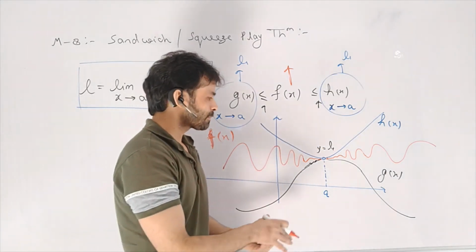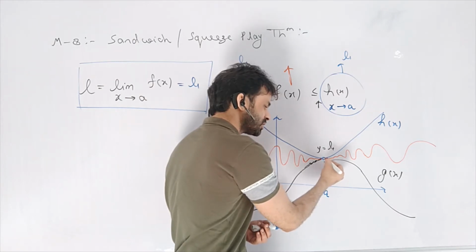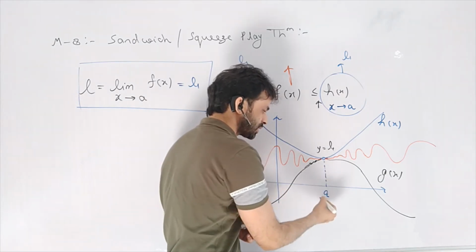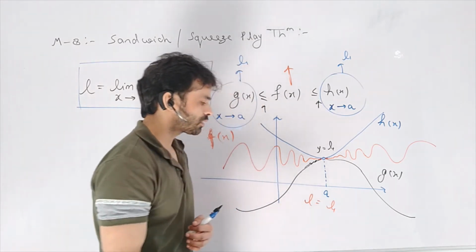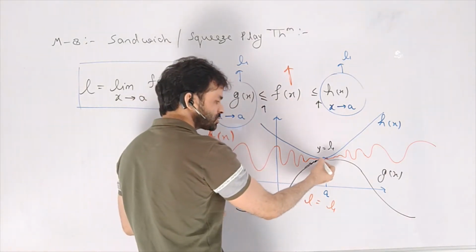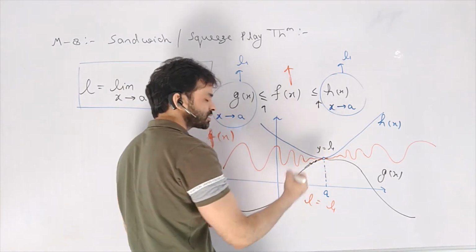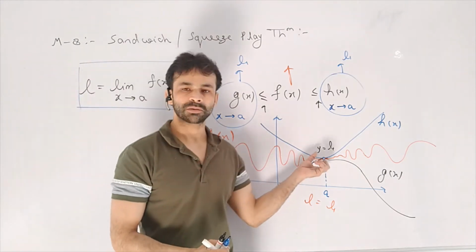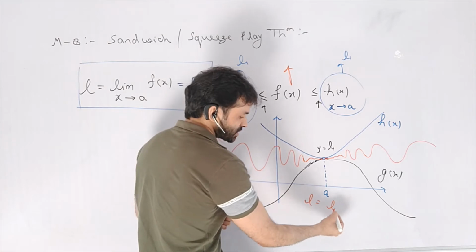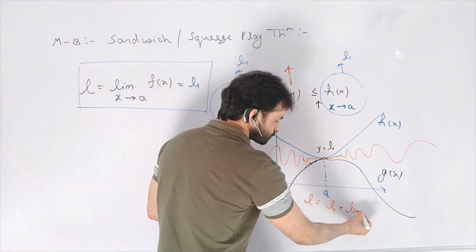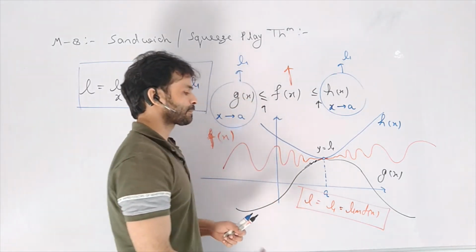So the limit of f(x) will again be L1, because it will pass through here on the right hand side as well as the left hand side. So the limit of f(x) will be the same L1 at x equal to a.